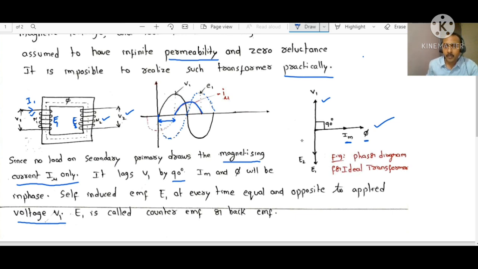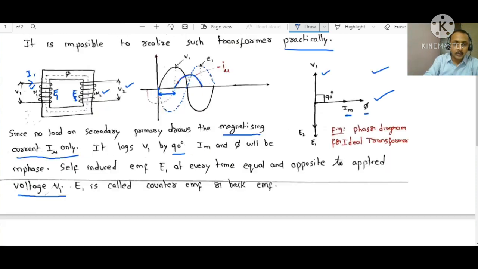So this is the phasor diagram for the ideal transformer, this is the circuit diagram, and these are the waveforms. The key points are: E1 and V1 will be out of phase by 180 degrees. The magnetizing current lags the applied voltage V1 by 90 degrees. Flux and I mu will both be in phase. These are the key points.